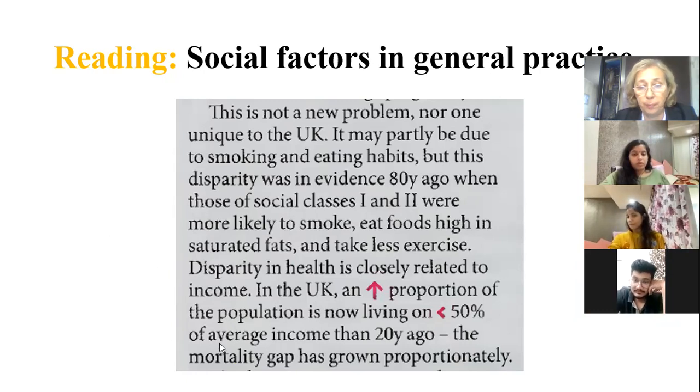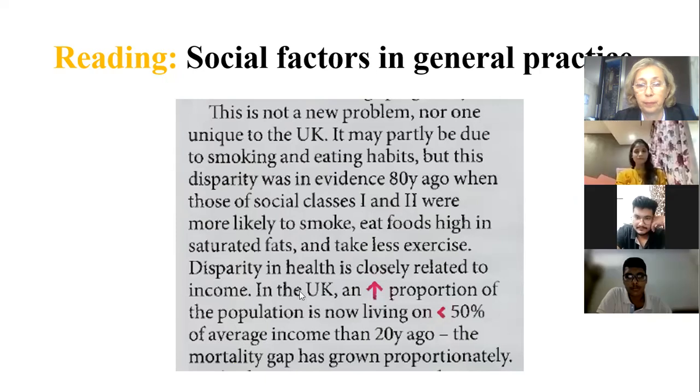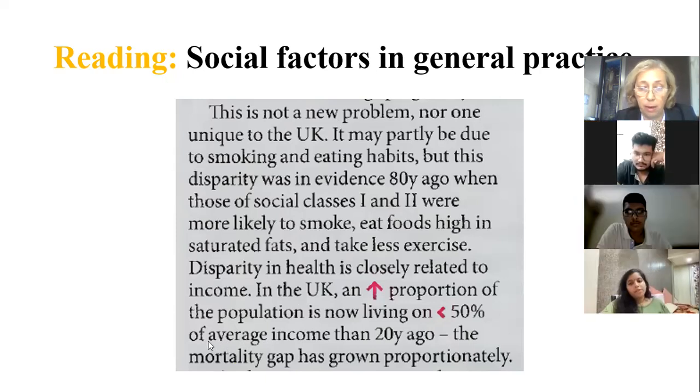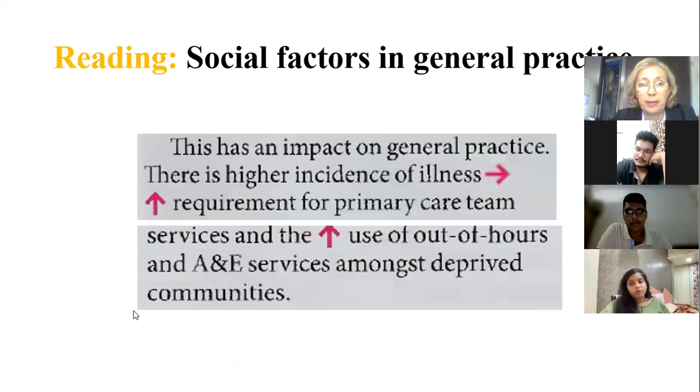So average income. What does average mean here? Majority, approximately. Okay, approximate, where the majority have the same level of income. Yes, okay. And let us move to the next slide and listen to Ritik.